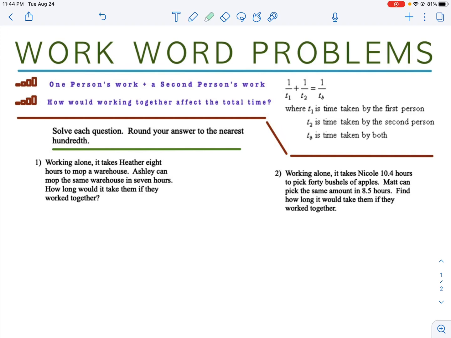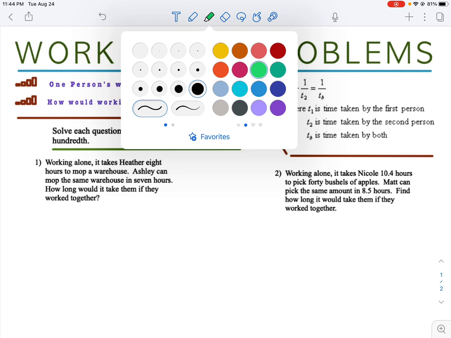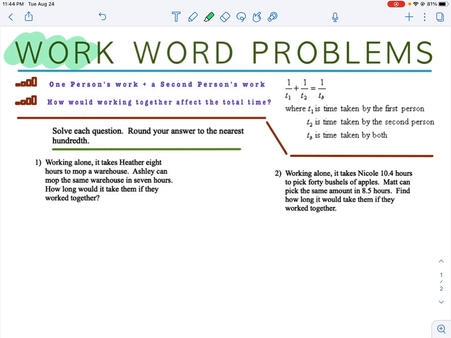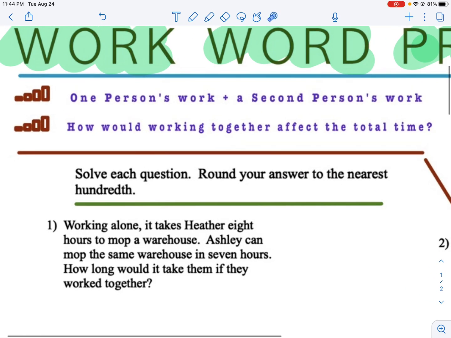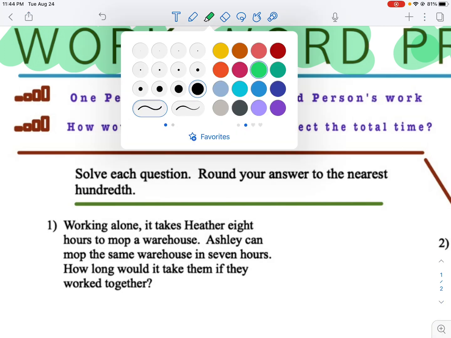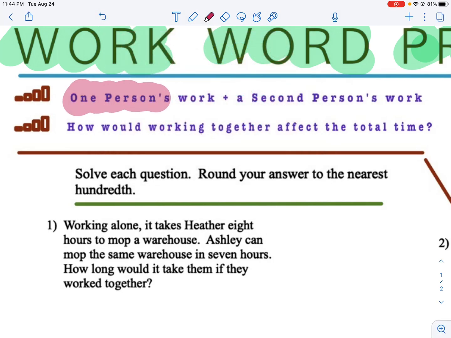First thing we do is we identify the name of these notes, and these notes are called work word problems, right? So we're going to deal with word problems that have to do with work. There's a couple of bullet points here. The first one says one person's work plus a second person's work.